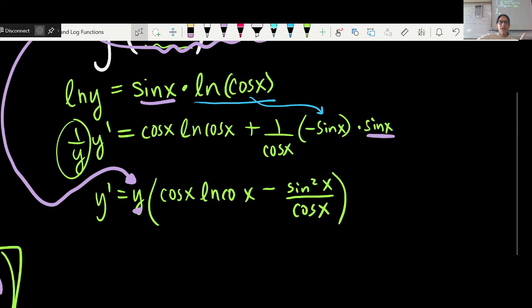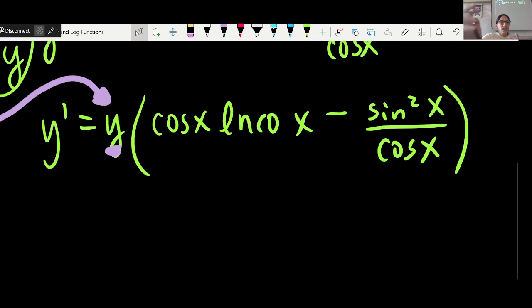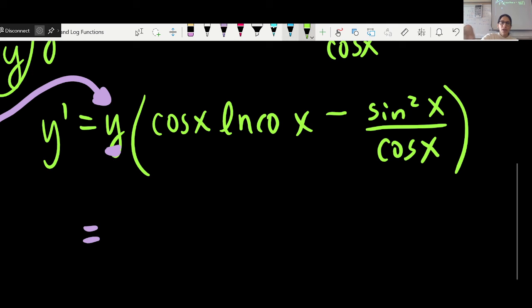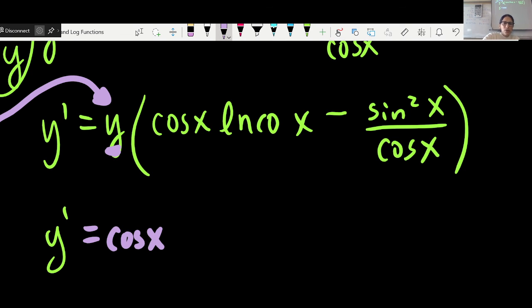Once you've done that, I could say when x equals 1 or when x equals pi or whatever we want to make it equal to, but we can leave this as y prime equals, what was my y? Cos x to the power of sine x.